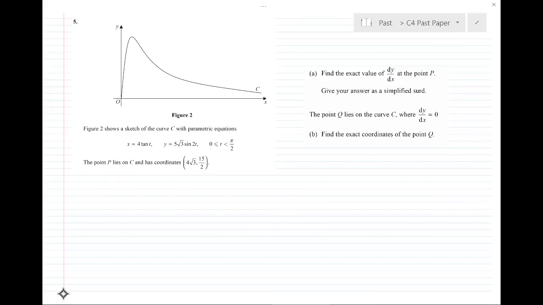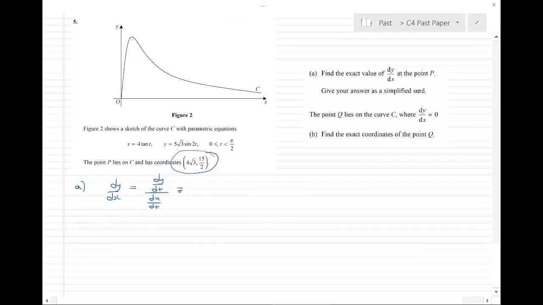The first bit is to find an expression for dy by dx at a given point P, which we're given there. So it's just a case of finding dy by dx. Now I tend to like to just go straight to dy by dt over dx by dt. It's just a rearrangement of the chain rule, basically.